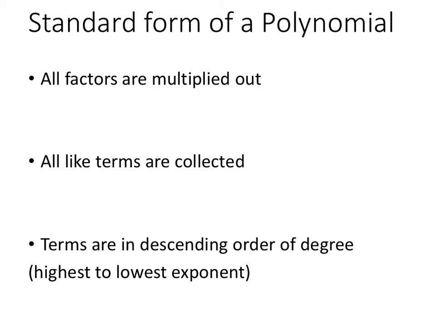One of the common ways to write a polynomial is in the standard form. Standard form is really useful because it makes it really easy to tell a polynomial's degree and leading coefficient. In order to be in standard form, all factors must be multiplied out.